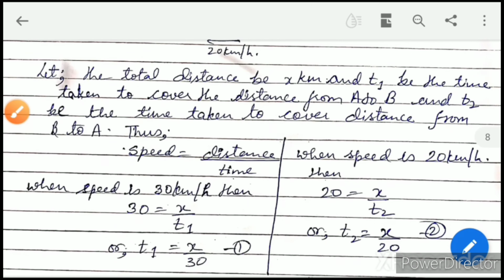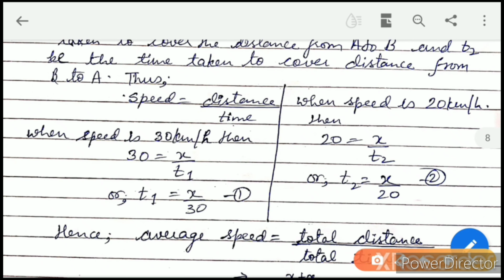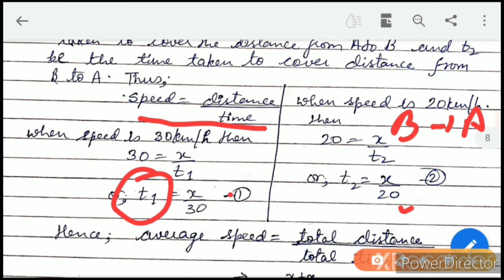Okay, now let us substitute the values. We know that speed is equal to distance by time. Substitute the value. So time taken from A to B will be x by 30 in terms of distance. Similarly, time taken from B to A will be x by 20.